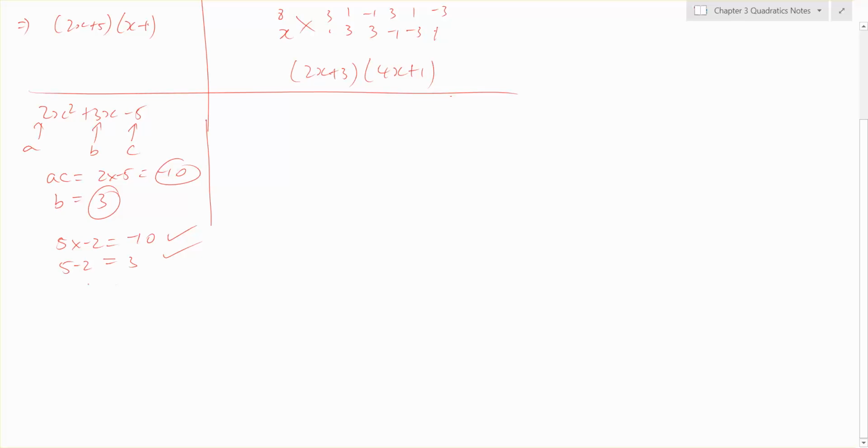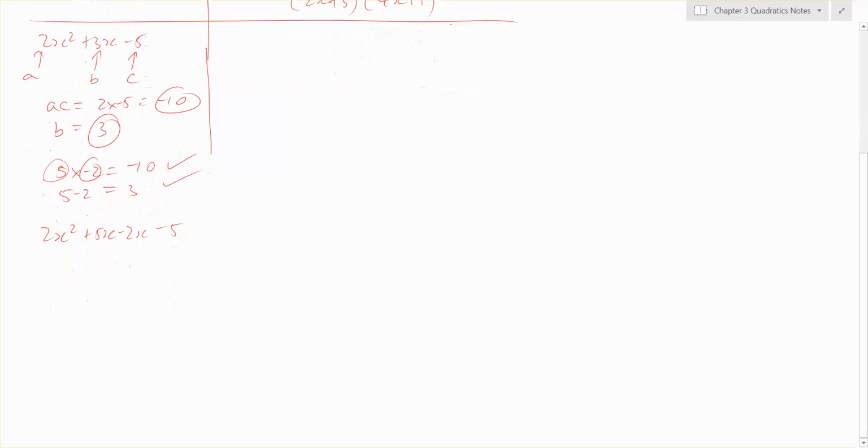Once we've found our numbers, we split the middle term of our original expression into two. So we can make that 5x minus 2x minus 5. They're equal, by the way: 5x minus 2x is equal to 3x, which is what we have here, so we've done nothing illegal.